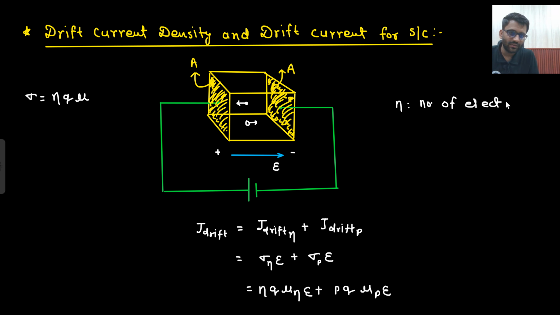So n is the number of electrons per centimeter cube, and p is the number of holes per centimeter cube.